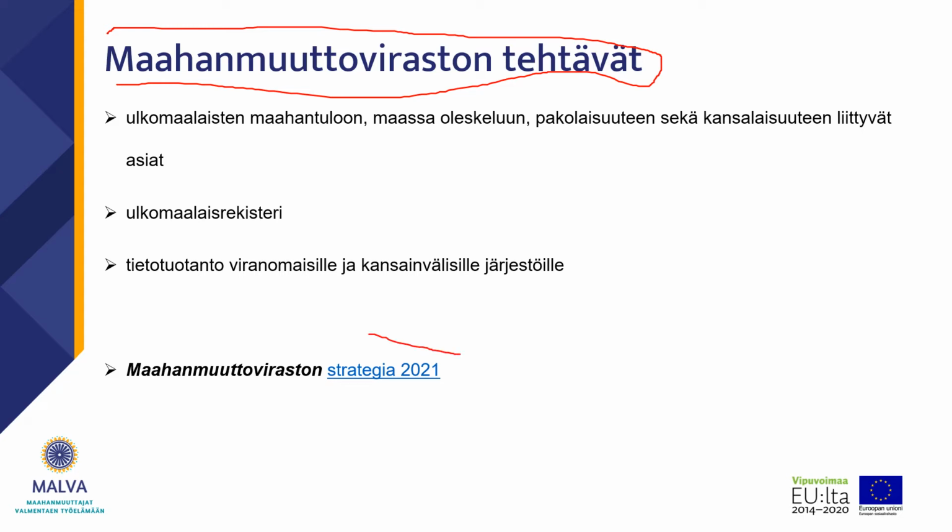Here you can also check the latest Finnish Immigration Service strategy, the 2021 strategy, which was recently updated. So if someone is interested in checking the details, here is the link attached.